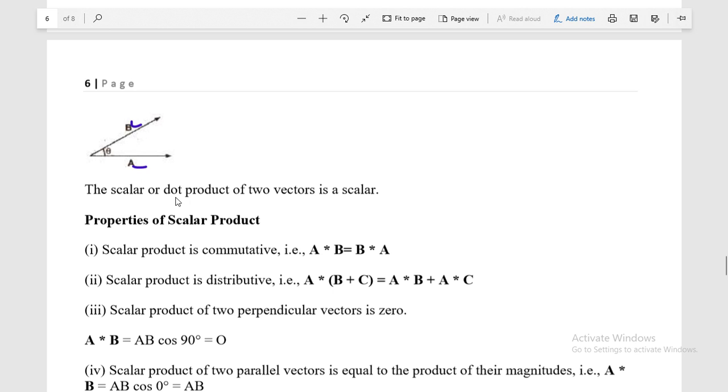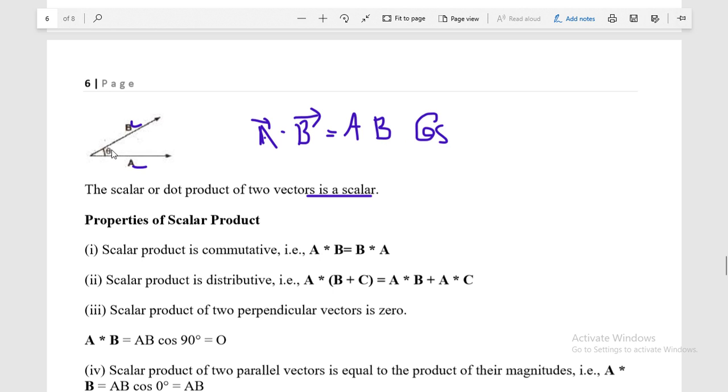Then the scalar product of the two vectors is a scalar quantity, and that is equal to A dot B is equal to the magnitude of vector A, you can write only A, then the magnitude of vector B, you can write B, and then cos of the smaller angle.